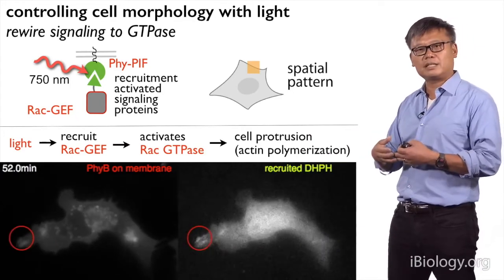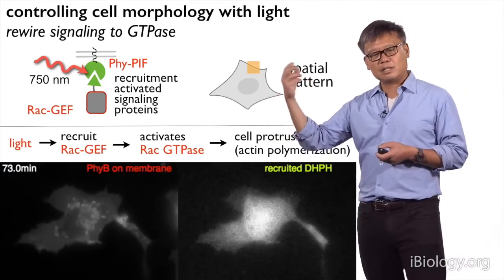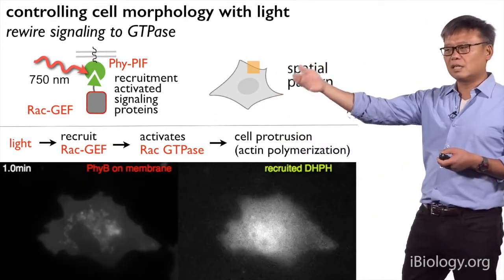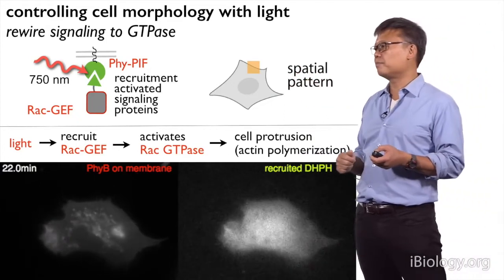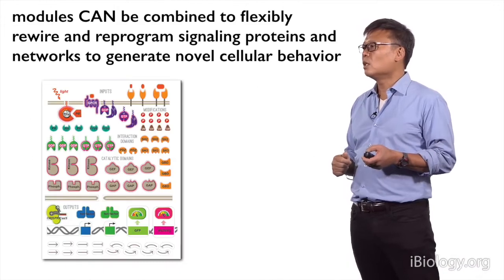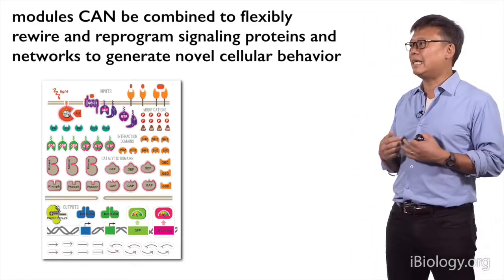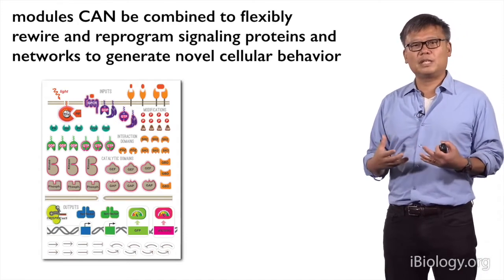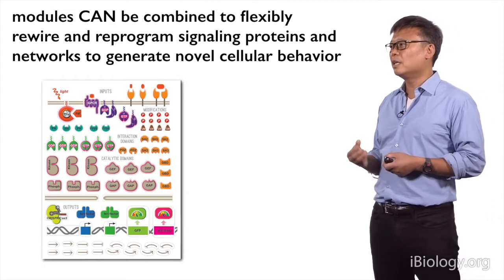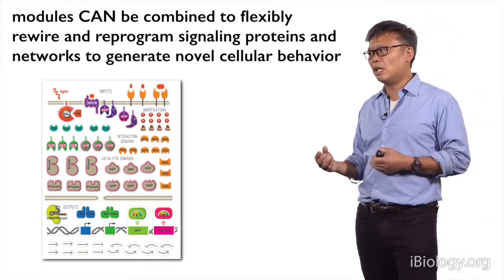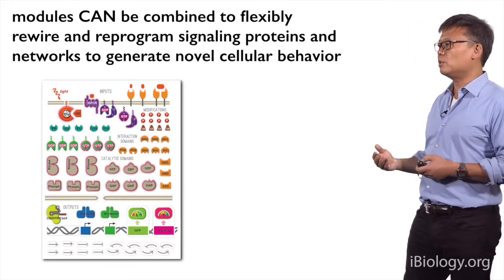So we can actually make the cell follow the light by putting in this novel chimeric protein that combines light-controlled protein interaction with this catalytic activity. So what these experiments hopefully illustrate is that we really can use these sorts of signaling modules to flexibly rewire and reprogram cellular signaling proteins, as well as the networks, and to generate novel cellular behavior.